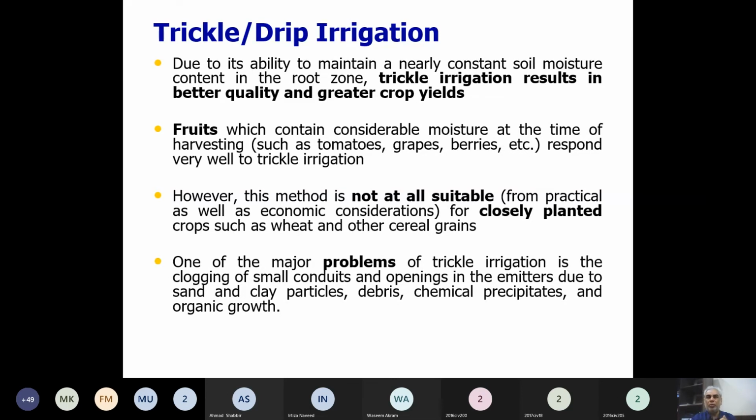If somebody wants to know the cost benefit analysis of sprinkler irrigation system or drip irrigation system, solved examples are there in SK Garg book. SK Garg book has the solved examples. If you have a surface irrigation system and you want to install the sprinkler irrigation system, what is the cost benefit?